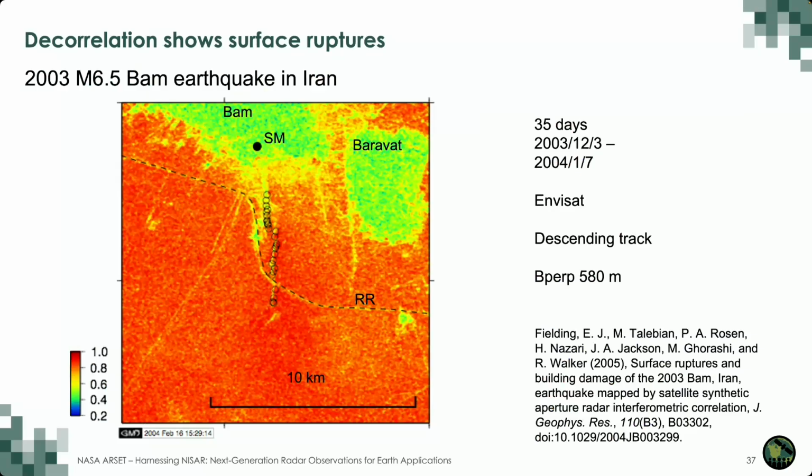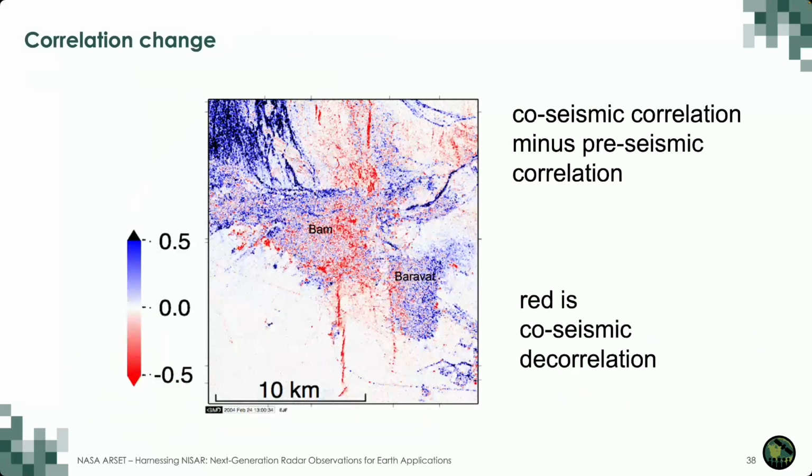And so by taking the interferogram that includes the earthquake, the coseismic correlation or coherence, and subtracting the coherence of another interferogram that we made for a pair before the earthquake, that subtracts out the effects of the vegetation.